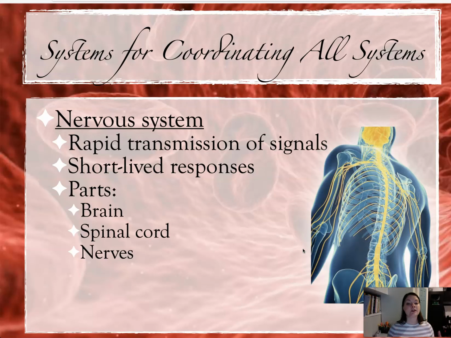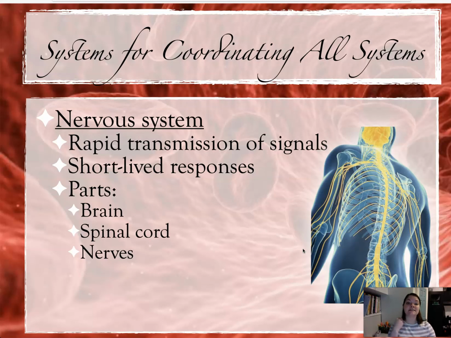The nervous, that's your nerves, that's your brain, your spinal cord, and all of the little nerves that innervate all of your tissues. And that's really quick. A nerve signal can go from fingertip, up to your brain, and make a response incredibly rapidly. I mean, fractions of a second. Think about putting your hand on a hot stove.